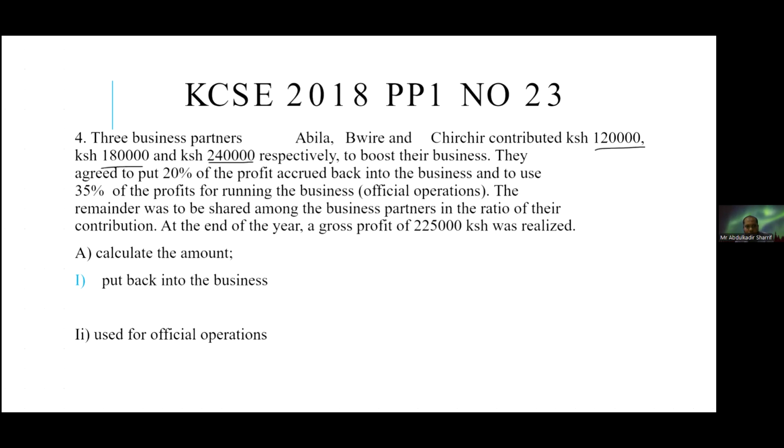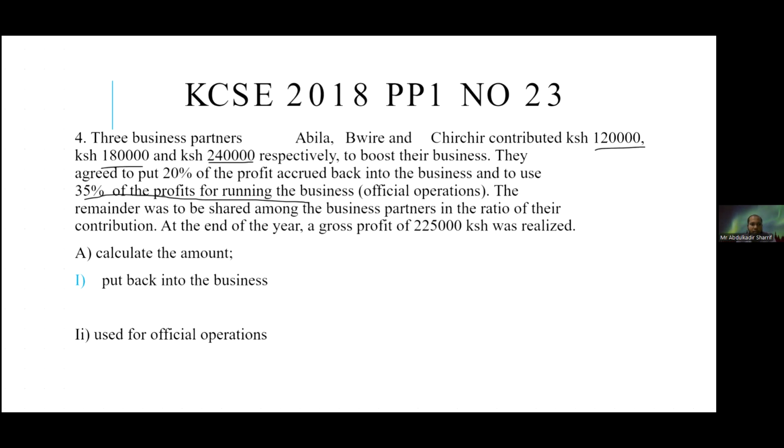They agreed to put 20% of the profit accrued back into the business and to use 35% of the profits for running the business or for official operations. So the remainder was to be shared among the business partners in the ratio of their contribution. So at the end of the year, gross profit of 225,000 shillings was realized. So the profit was 225,000 shillings.